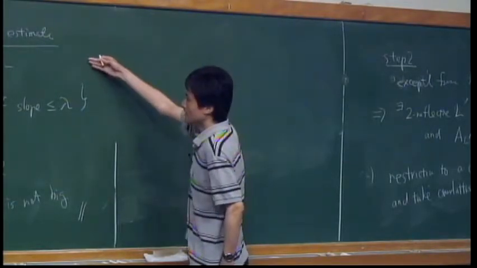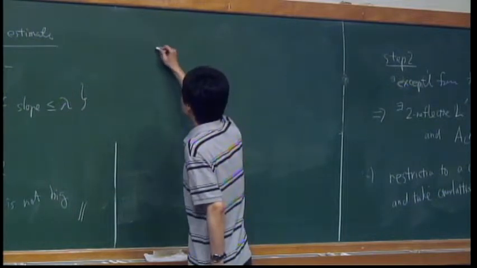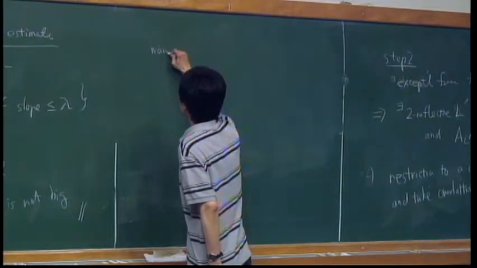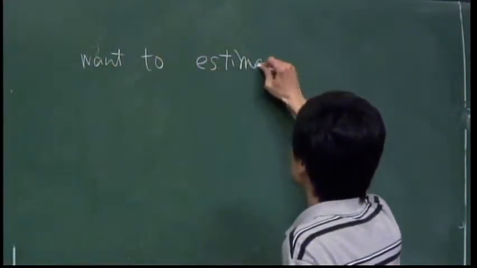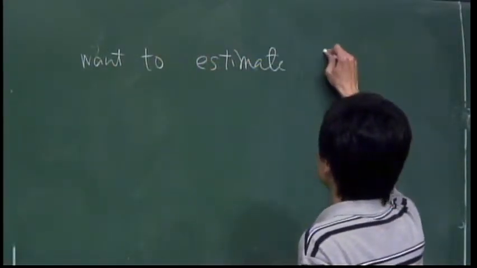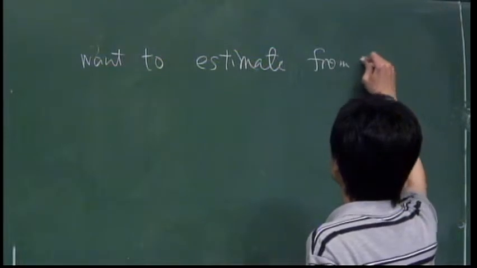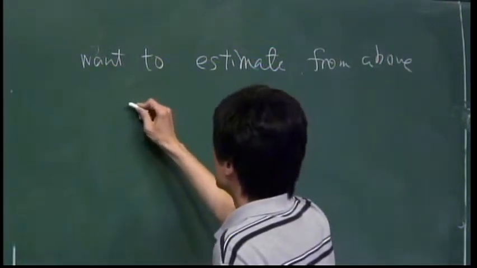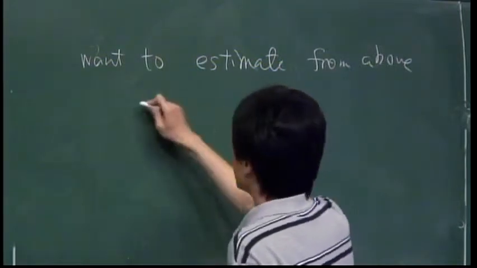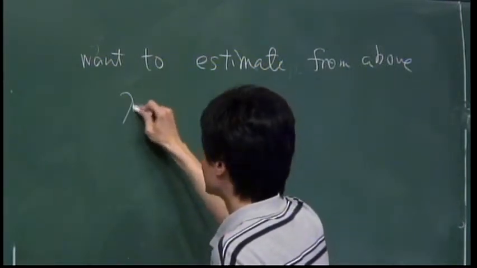So now, admitting this, we are reduced to estimating from above the 2-reflective slope.